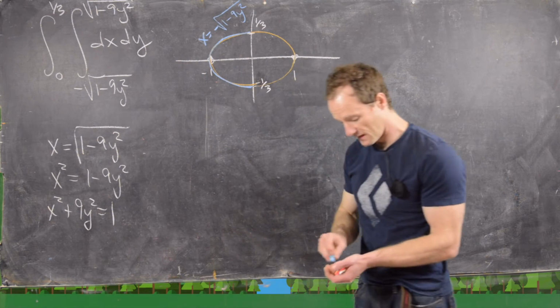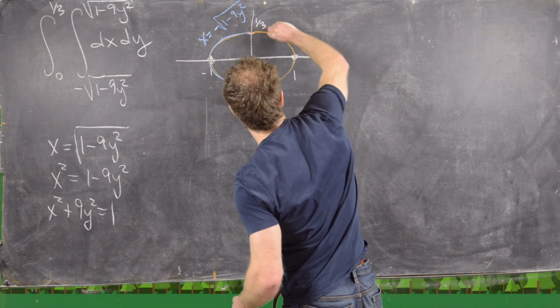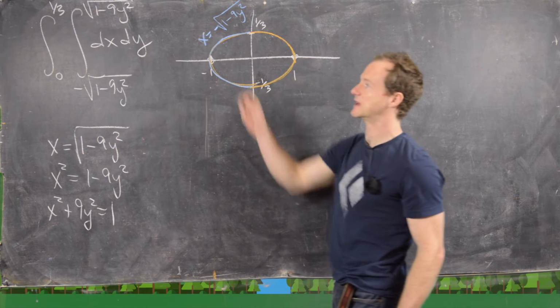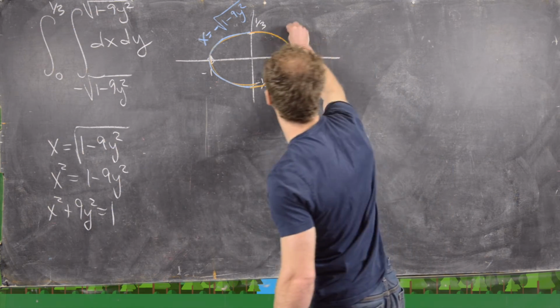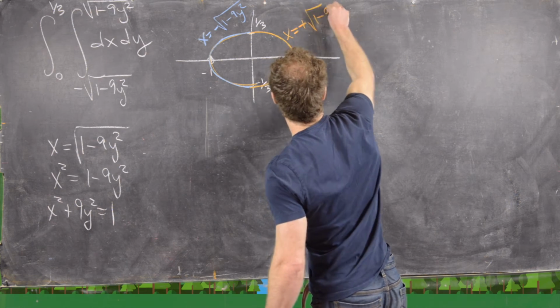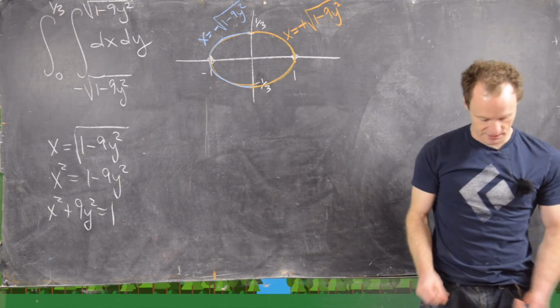Good. And then this orange part, which I'll maybe make a bit darker, is going to be the right half of the ellipse because that's the positive part. So this is x equals positive the square root of 1 minus 9y squared. Okay, so that's what we've got going on here.